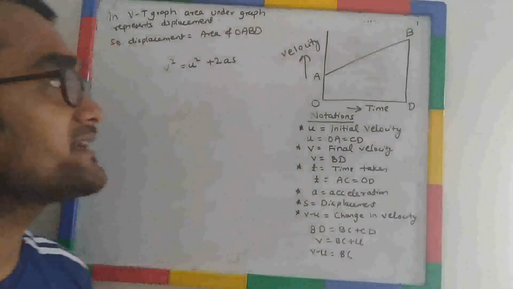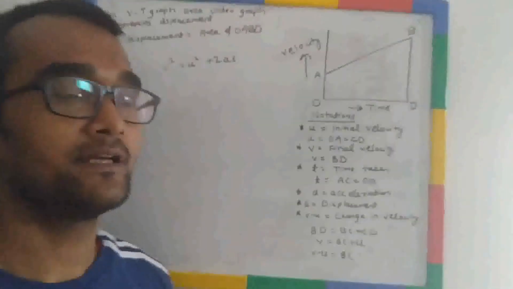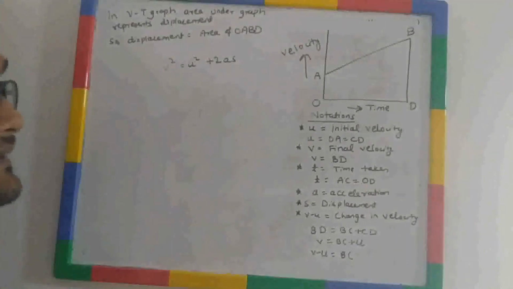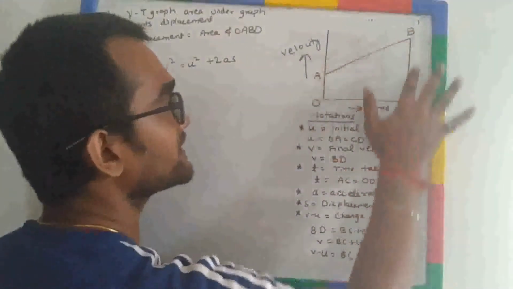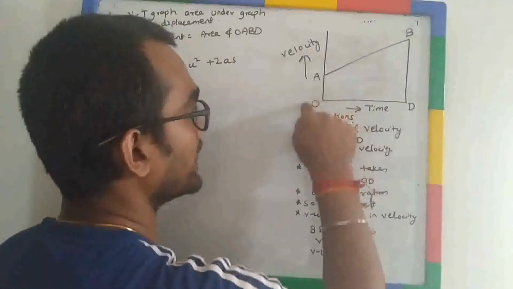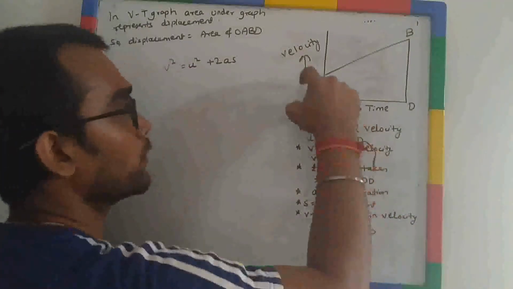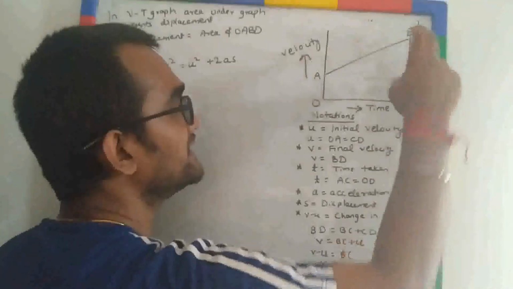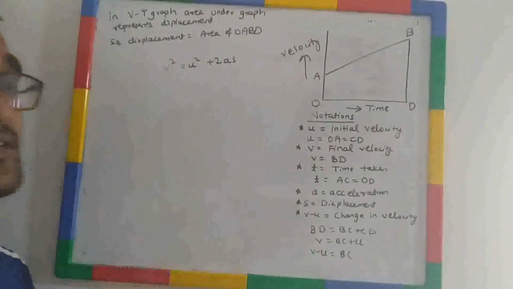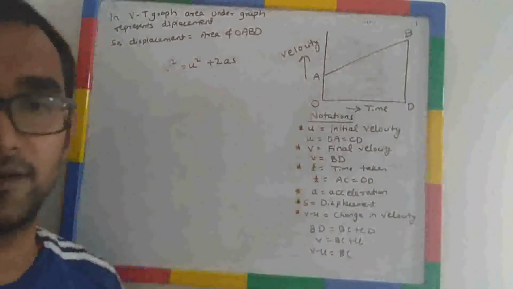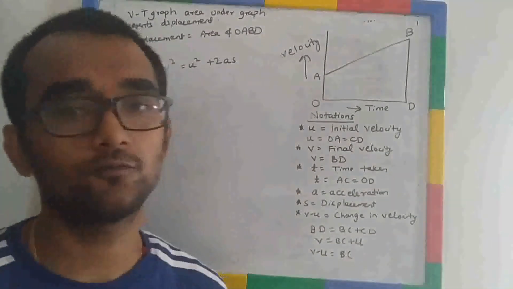Now, as I have omitted the line AC, if you look into this figure, then this figure consists of 4 sides, 1, 2, 3 and 4, that is OA, AB, BD and OD. So it is clearly a quadrilateral because a quadrilateral has 4 sides.